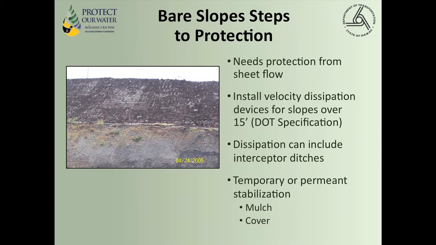Now, these can also include things like interceptor ditches, and we'll give you some examples of some of these devices in a little bit. You also need to consider your temporary and permanent stabilization, and we'll talk about some time frames on that in a little bit.